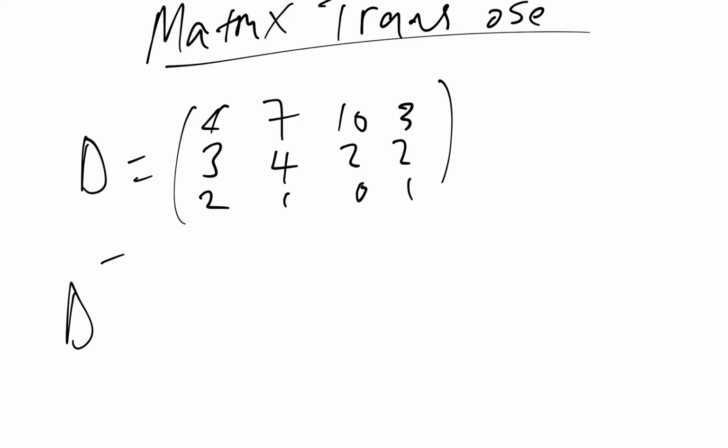For the transpose of D, once again, either we interchange rows into columns or columns into rows.